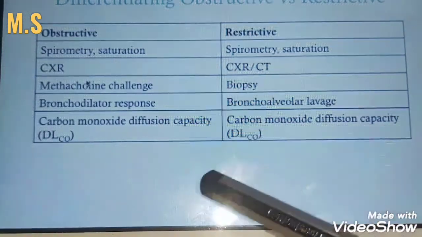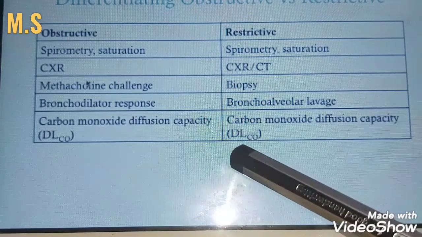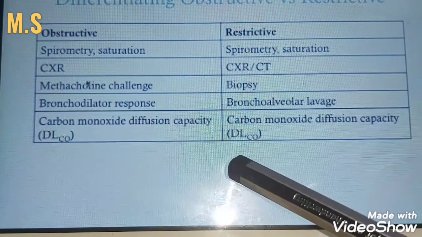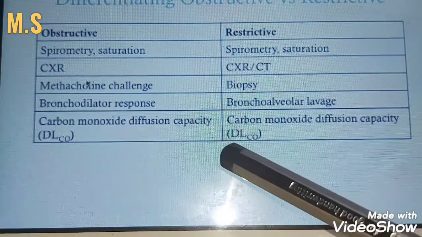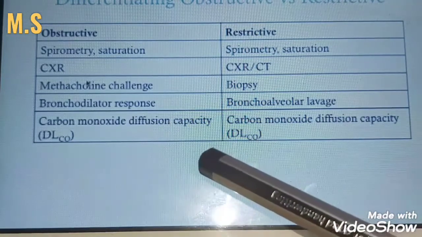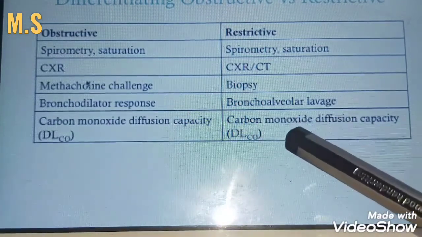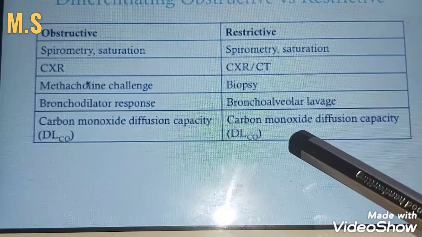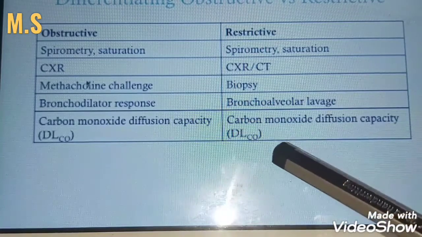It is probably normal in most diseases, but it is decreased in only three types of diseases: emphysema, interstitial lung disease, and pulmonary vascular diseases like hypertension or embolism. So just remember these three diseases, in which you find DLCO decreased.